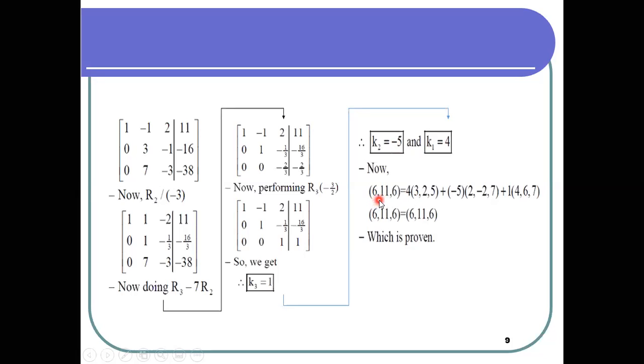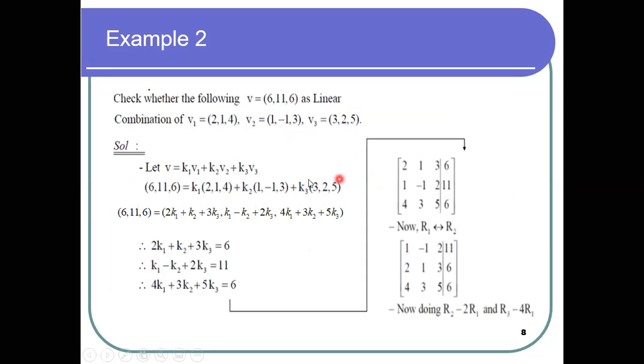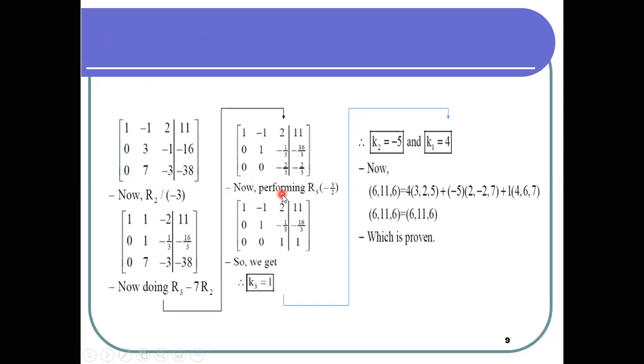Now we put all these K1, K2, K3 in the previous equation. If you multiply all these, you get 6, 11, and 6, which proves that our vector V can be written as a linear combination of V1, V2, and V3.